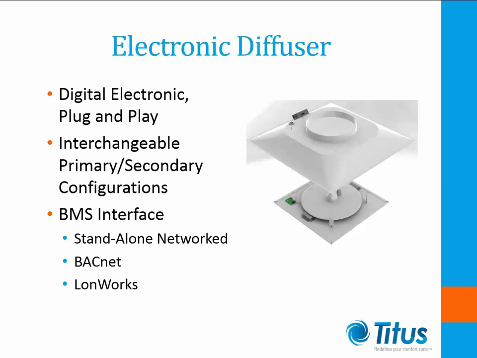Simple plug-and-play electronics make these installations quick and easy. The connection of each individual unit can be only to a local thermostat. For more sophisticated systems, several diffusers can be networked into a building management system.